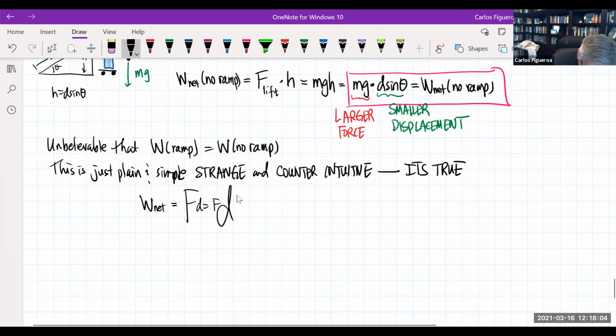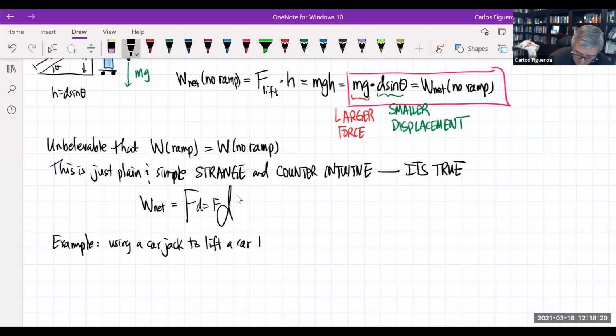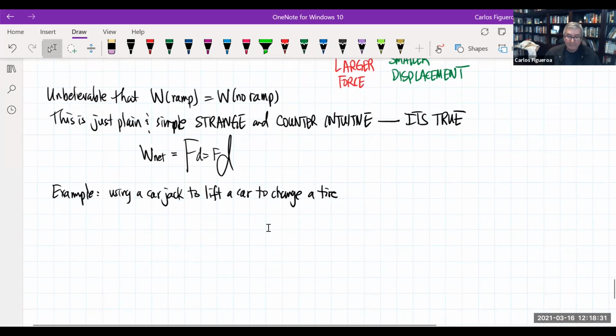As an everyday application here, it's about using a car jack to lift a car, to change a tire. You do this all the time, if you ever change a tire.